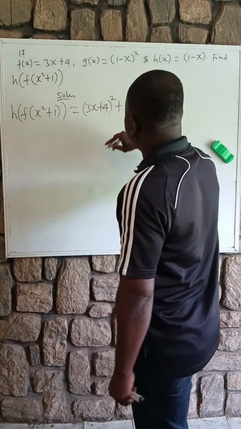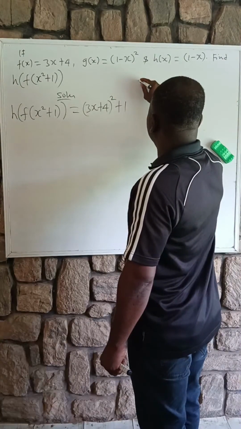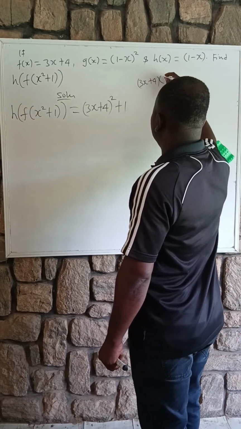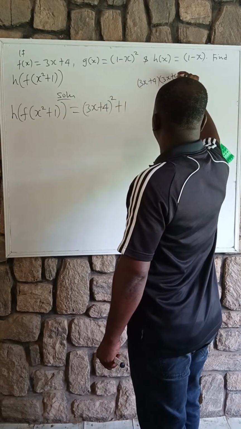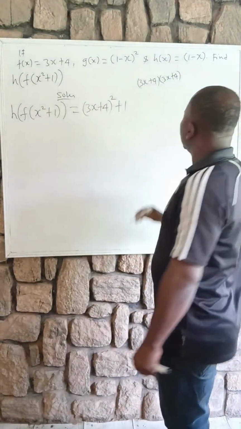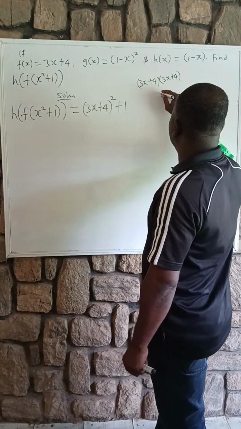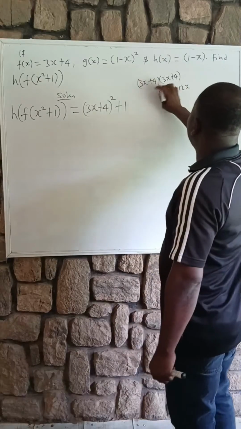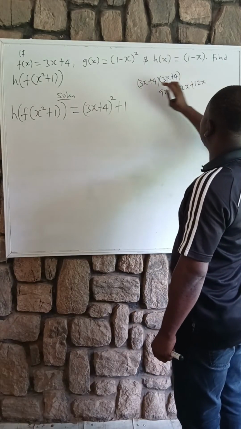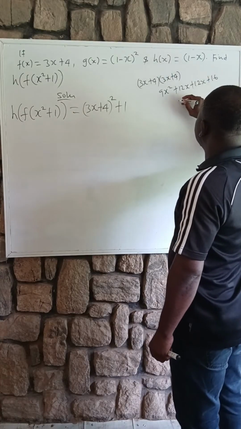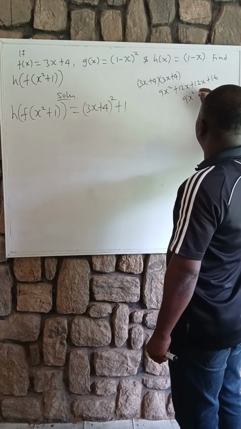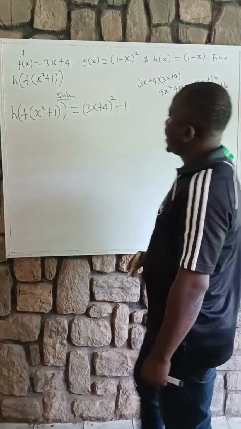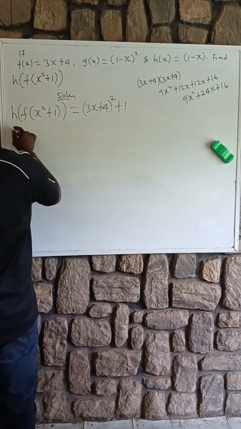So let us multiply out. This is the same thing as 3x plus 4 times 3x plus 4. True or false? So this times this we are going to have 9x squared plus 12x plus 12x plus 16. So this is 9x squared plus 24x plus 16, right?